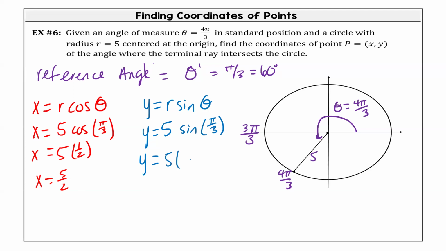Square root of 3 over 2. So our y equals 5 square root of 3 over 2. Because I'm in quadrant 3, what are they? They have to be negative. Does that make sense?